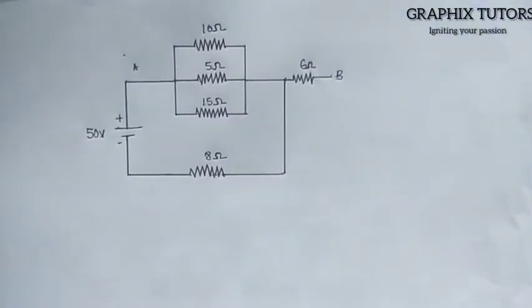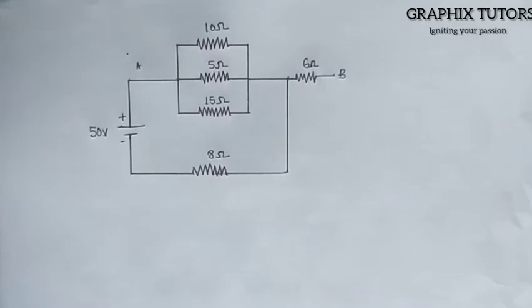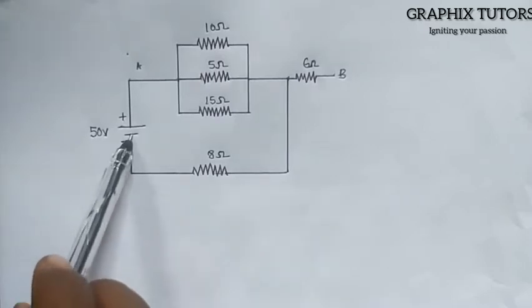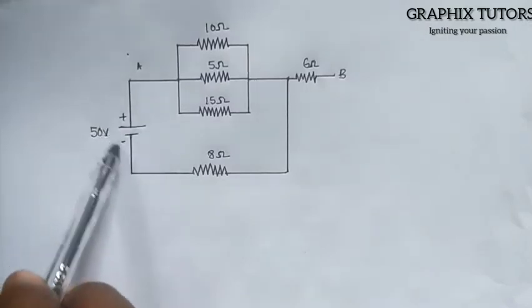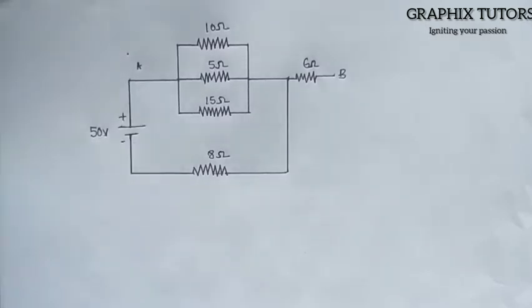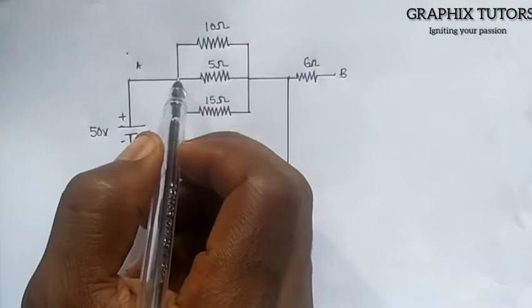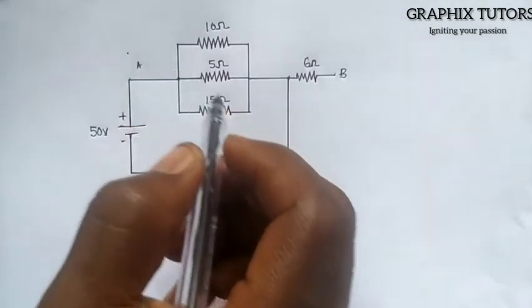Today we want to analyze this circuit. It is a series and parallel network. Why do we call it a series and parallel network? It's because it comprises both parallel and series connections. If this is our voltage source producing a current, the current flows, and when it gets to this junction, it splits.